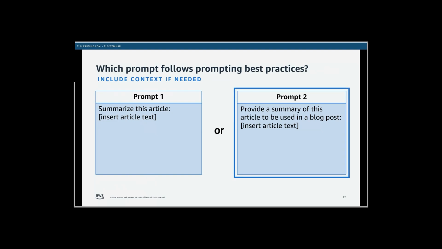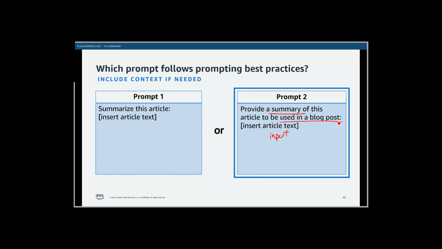What is the context? The context here, well, first, the task of the question, we want a summary of some article. So we're going to provide the input in the form of the article, where you maybe copy and paste the text here. And we're including context because we are describing where this summary will be used.